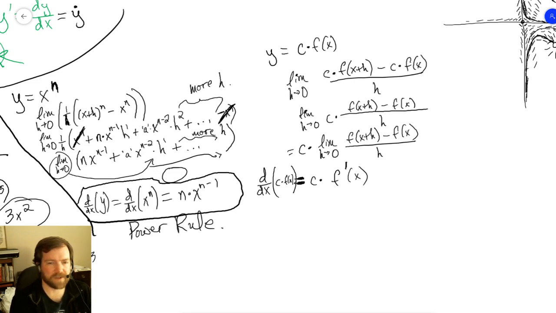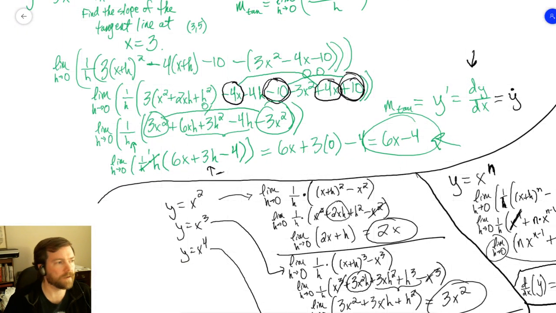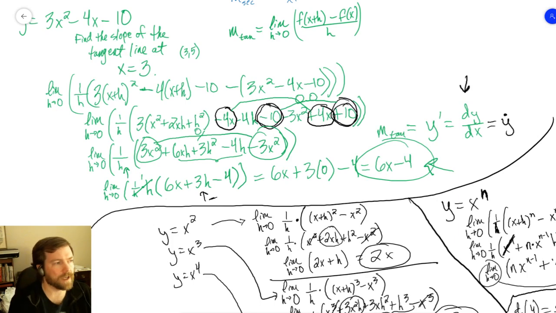Or we just basically kick the constant out. So this is why when we were doing this thing in green, we had our 3 from the 3x squared, just kept getting carried all the way through to the end.